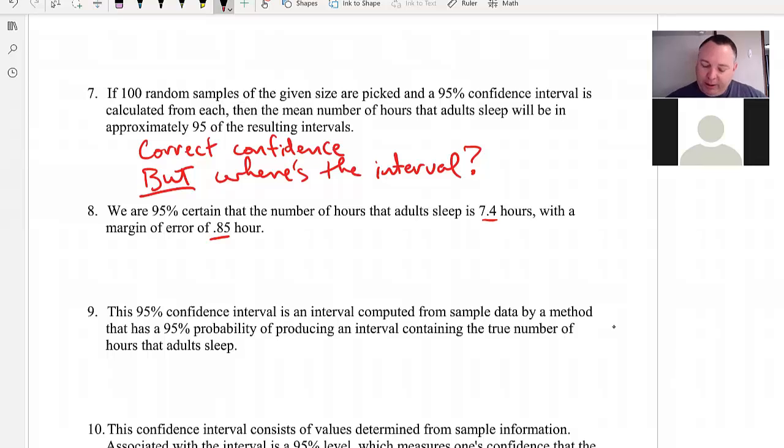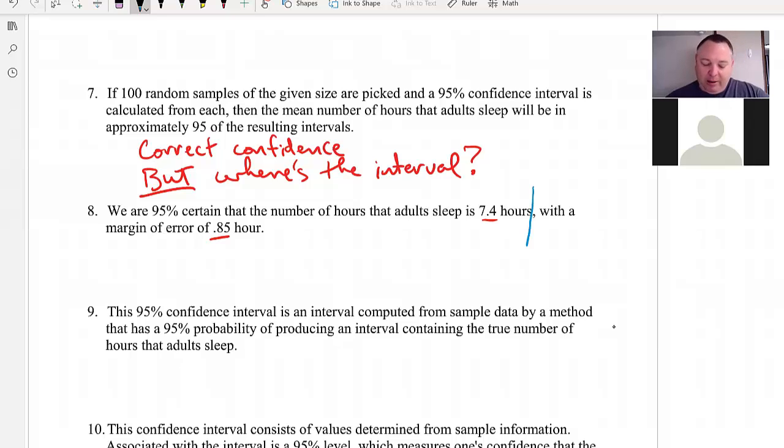If we just stop the sentence right at the comma, that's definitely not right. 7.4 is too exact a number. We don't have confidence in numbers. We have confidence in intervals, in a range of numbers.